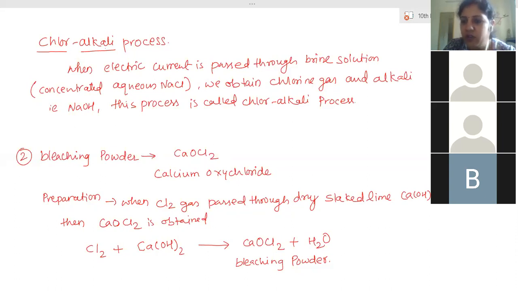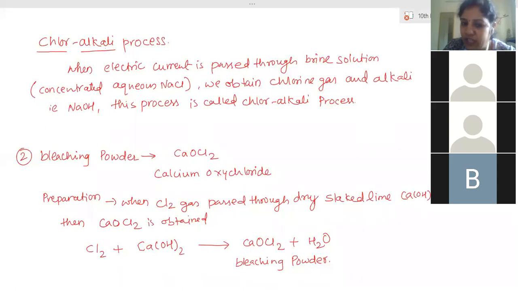As well, bleaching powder is used in swimming pools and water purification tanks for disinfecting water. All the germs are killed when they come in contact with the chlorine gas. So we use chlorine gas as a disinfectant. It also works as an oxidizing agent because it is a rich source of oxygen.